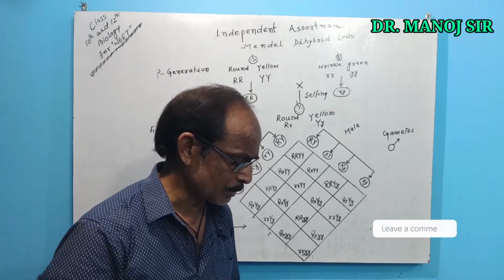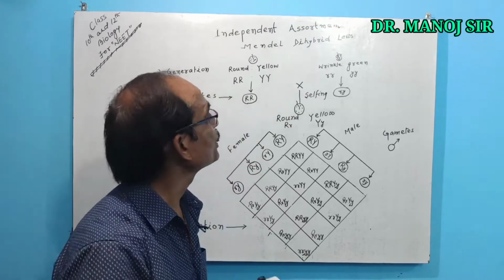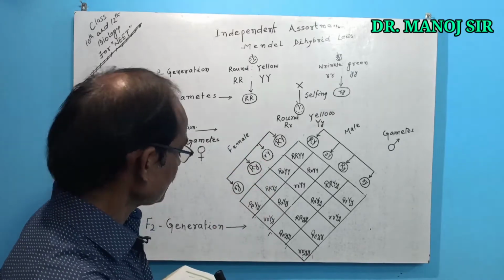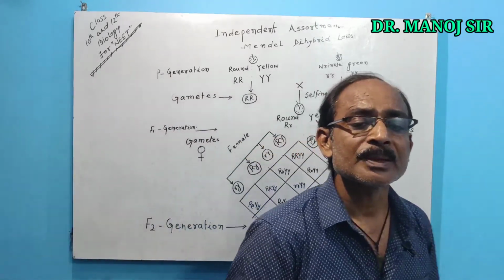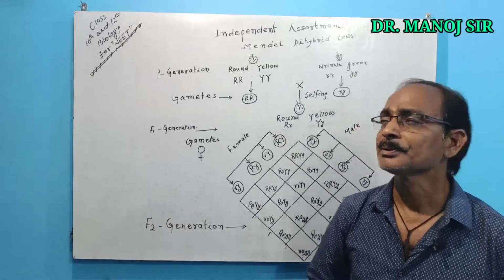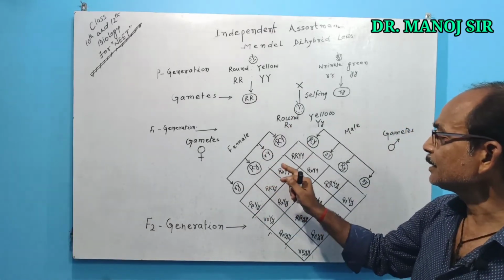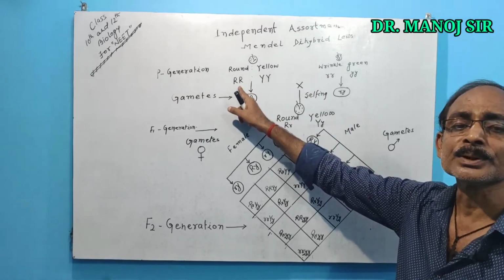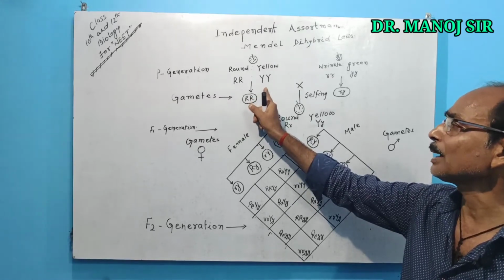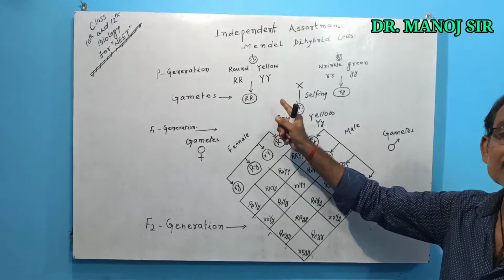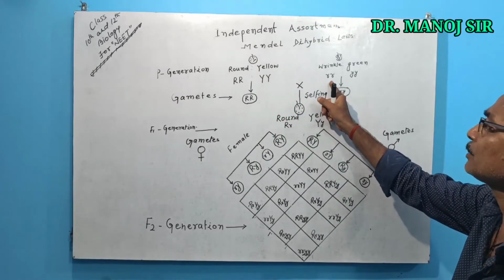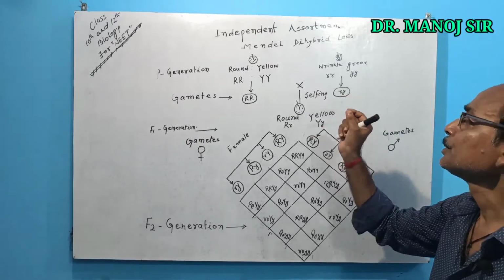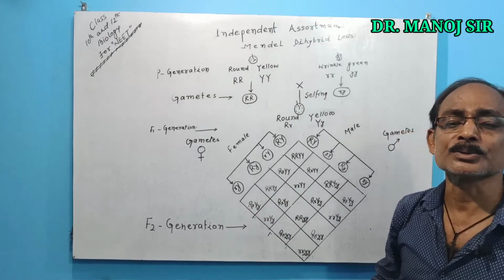According to the law of independent assortment, Mendel selected a round pair of seed, that is capital R, a yellow pair of seed, that is capital Y, a wrinkled pair of seeds, small r, and a green pair of seed, that is small y.